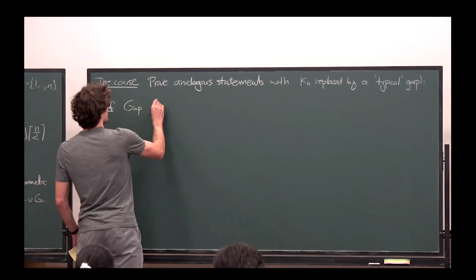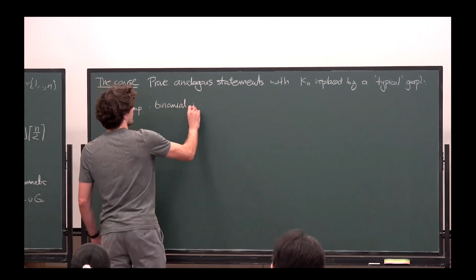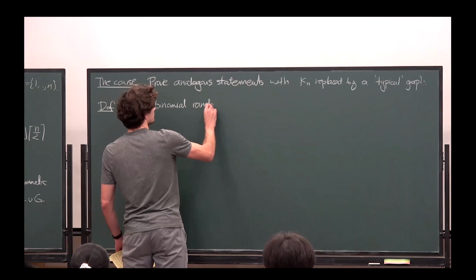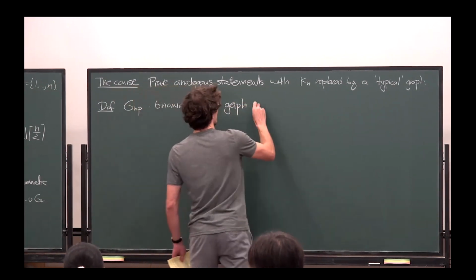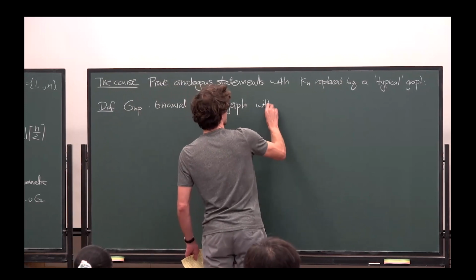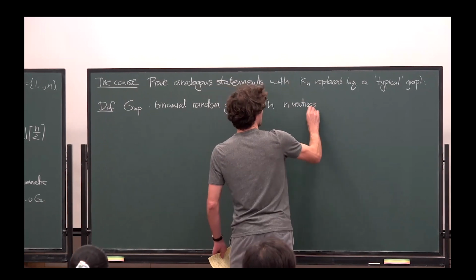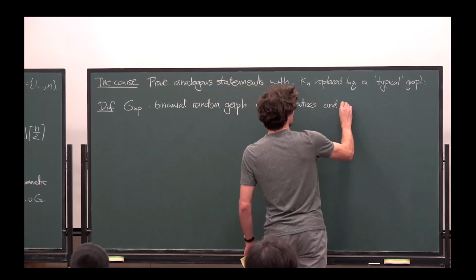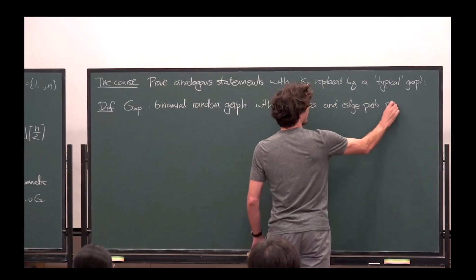G(n,p) is the binomial random graph with n vertices and edge probability p. If you haven't seen it, let me define it.